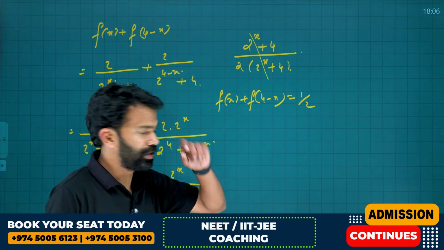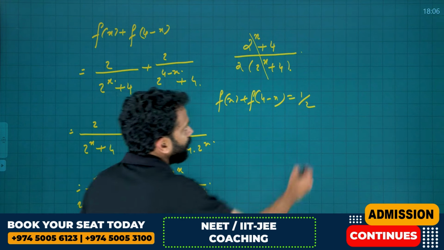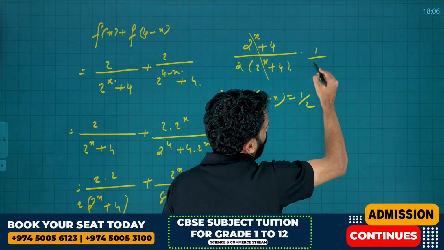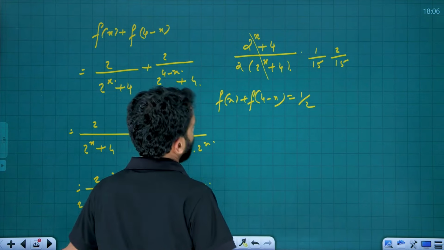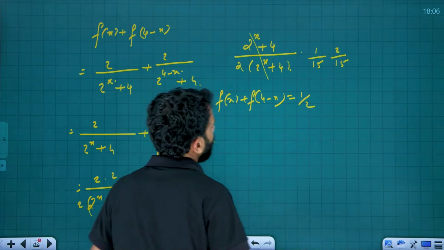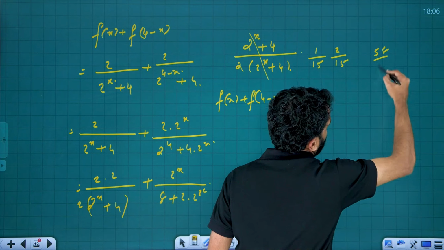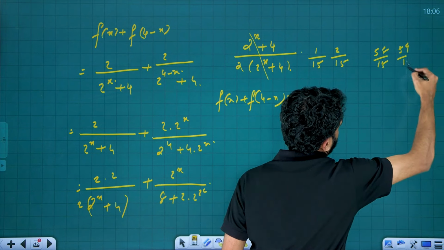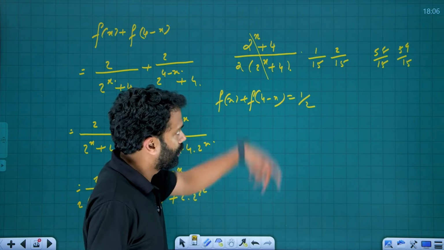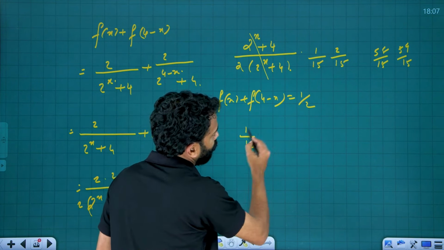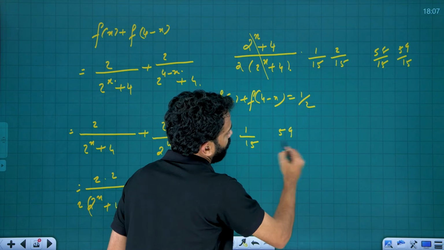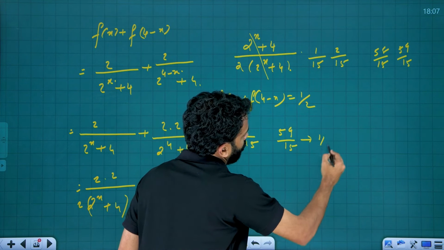We need to formulate things here for next. I am writing the numbers only: 1 by 15, 2 by 15 till 58 by 15, 59 by 15. Assemble the corresponding pairs. It will be f of 1 by 15 plus f of 59 by 15, their sum will be equivalent to 1 by 2.